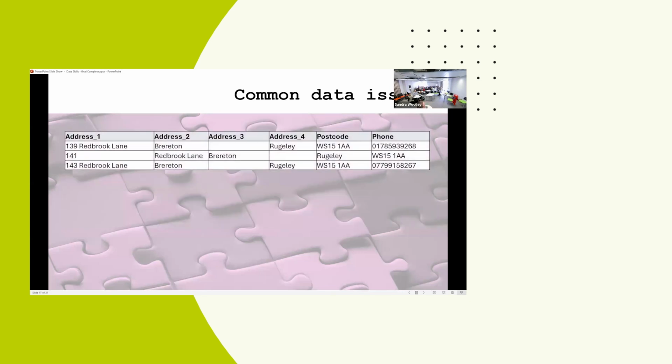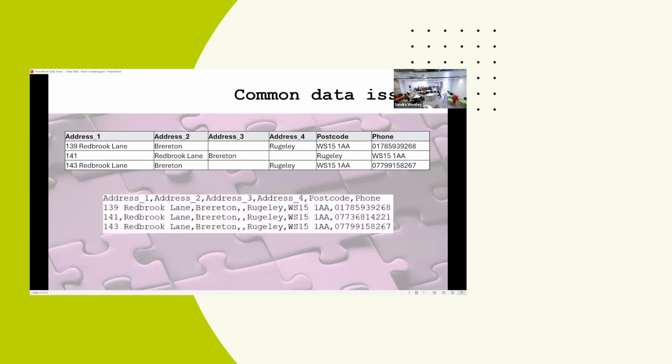This one, again, just looking at addresses, on the face of it, doesn't look too much wrong. So you look across here and you've got an address, name, then postcode. Phone number is now postcode for some reason. When you're working with CSV files, one of the things to watch out for is, looking at that original CSV file, you've got your headings across the top and then your data items.